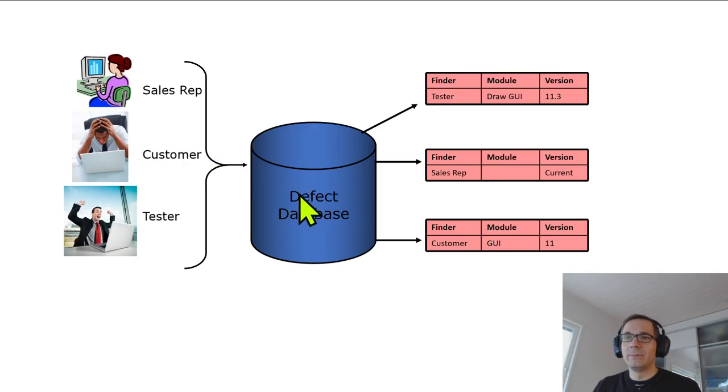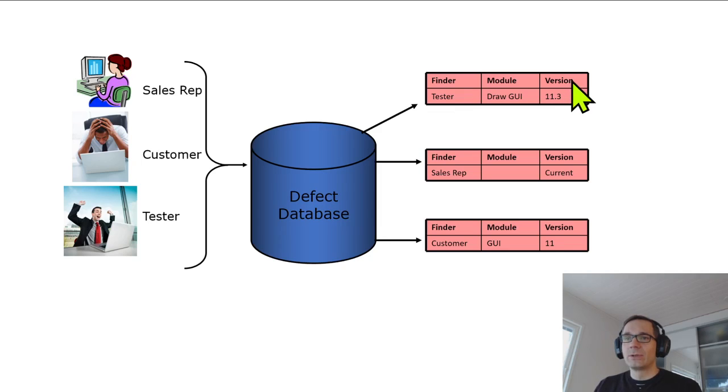Customers, on the other hand, might be giving a bit more information. They could state that it is a graphical user interface defect in version 11, and testers, the very happy guy, could report the same defect by stating that it's in the draw graphical user interface module and it's version 11.3.